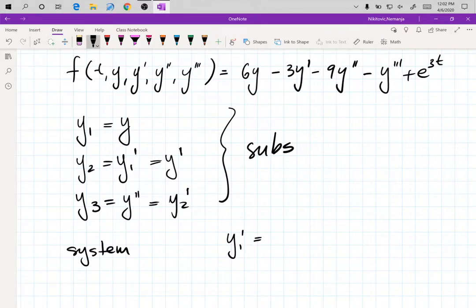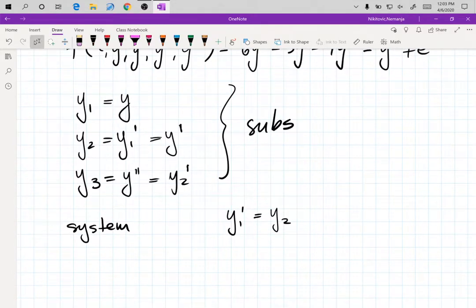It's right here. y1 prime is equal to y2, because they all need to be in terms of these singles, and you have to have derivatives in the front. So what is y2 prime equal to? Right here. It equals y3, right?